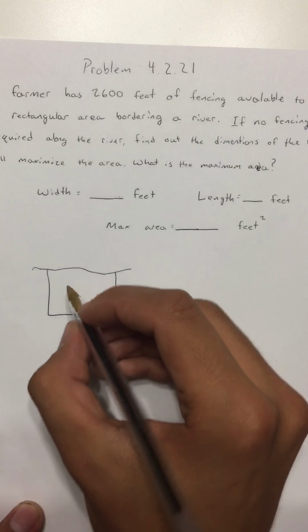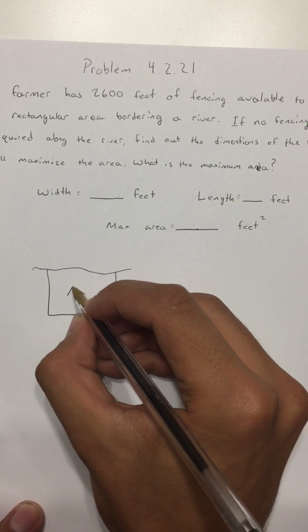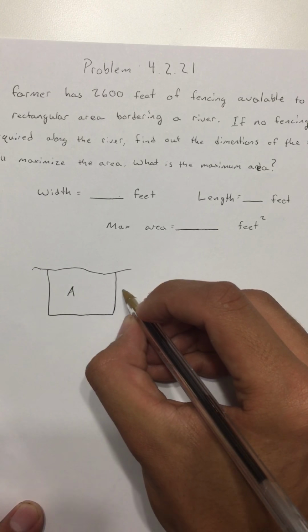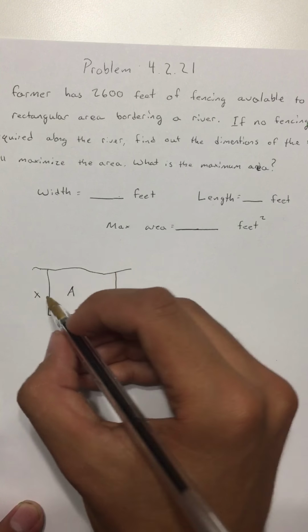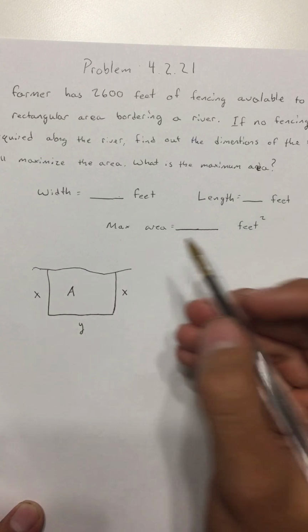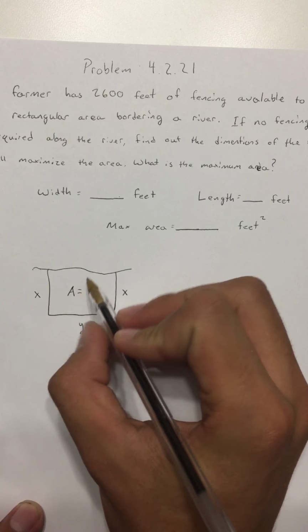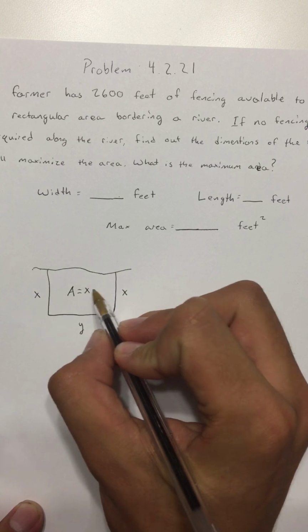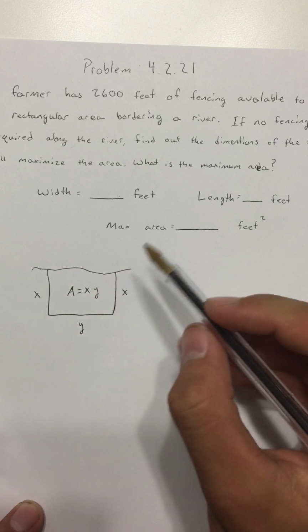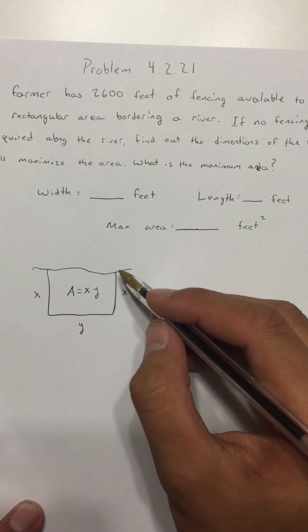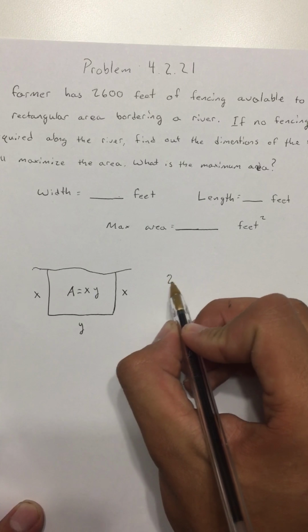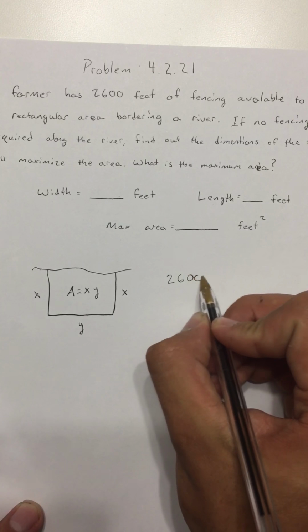So area, first off, we'll make this side x, this side y, which makes this one also x, because these two will be the same because it's a rectangle. So area equals x times y. Now the perimeter of this fence is 2,600.